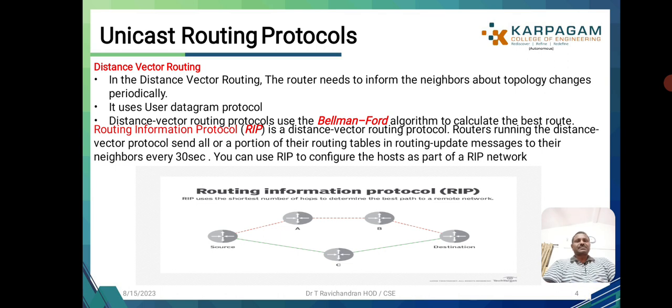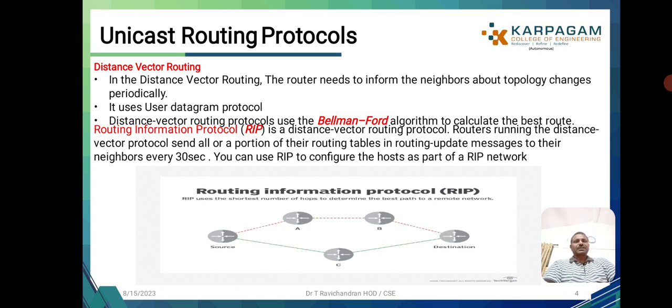Distance vector routing. In distance vector routing, the router needs to inform its neighbors about topology changes periodically. The router collects the information from the neighbor topologies periodically to update its own. It uses the User Datagram Protocol.